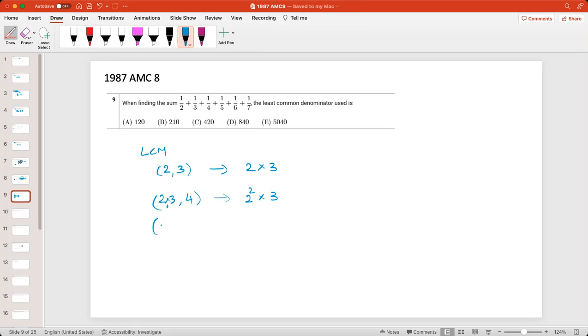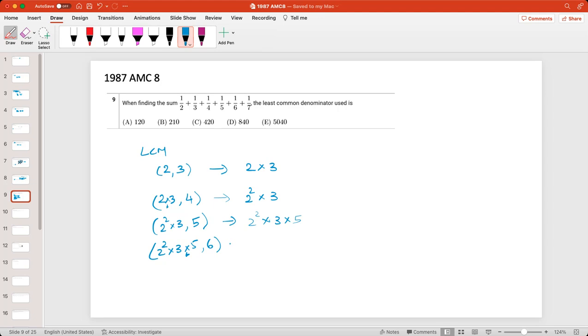The next LCM that I'll find is of 2 squared into 3, and 5. So here it's very simple: it's 2 squared into 3 into 5. Next is 6.